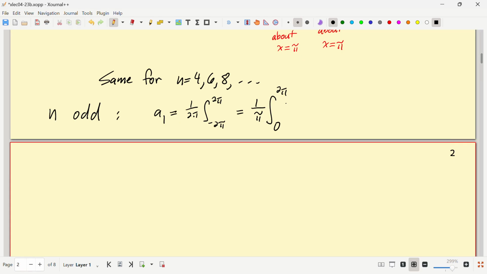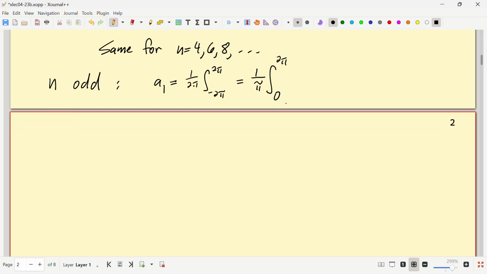And here's an interesting thing. That is equal to, let's see, what is it? I've got my f star, and then I would have cosine, at 1, this would be 1/2 x dx.